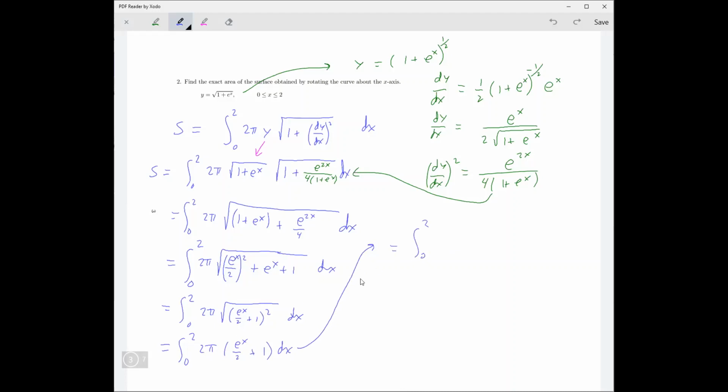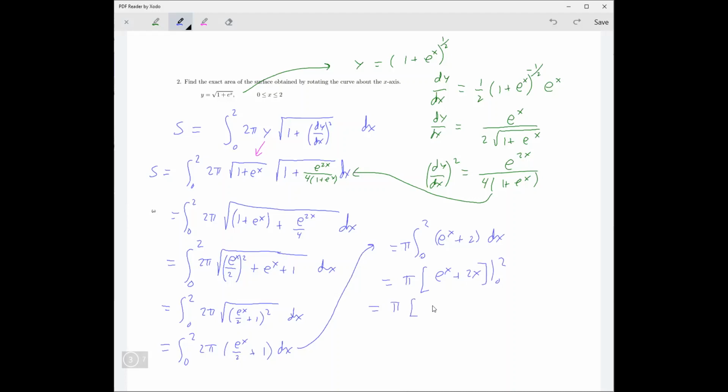which is, okay, distribute the 2 in. I'll take the pi out. So you have e to the x plus 2. Oh, interesting. Okay, integrate. That's e to the x plus 2x, going from 0 to 2.